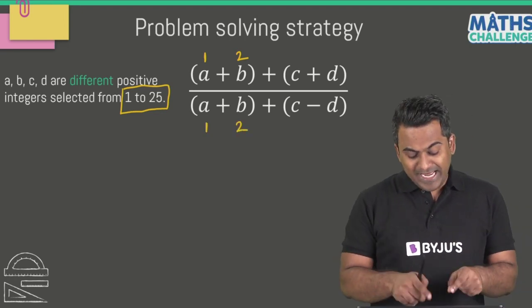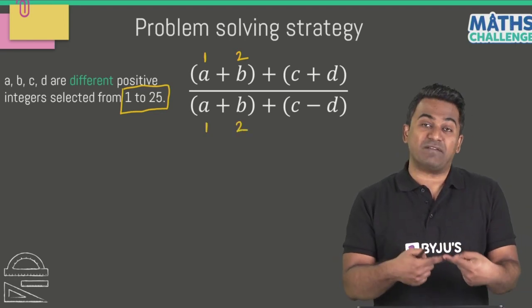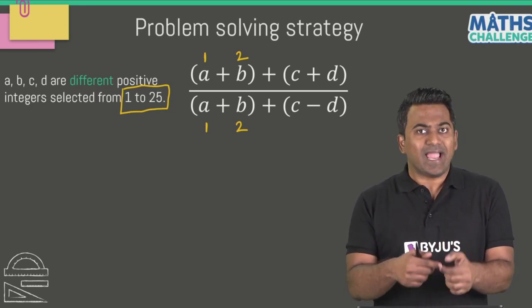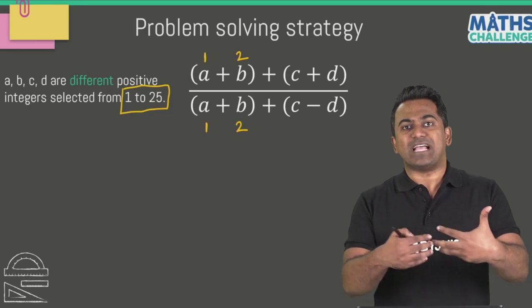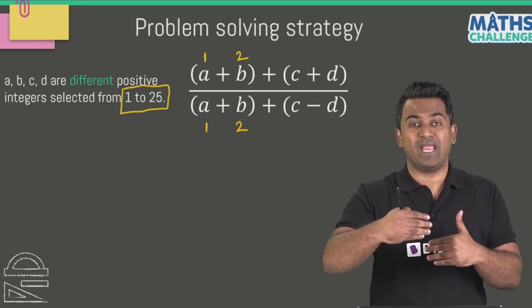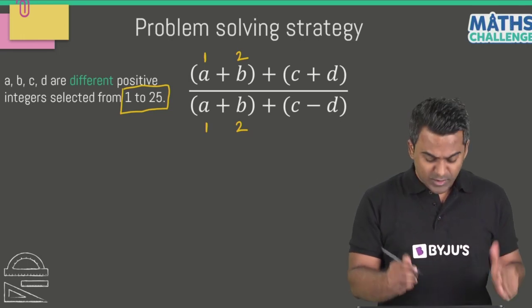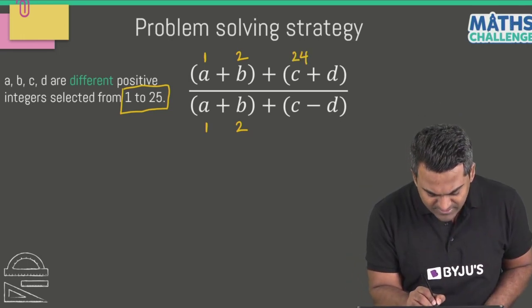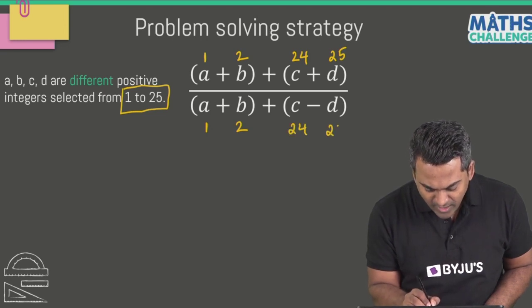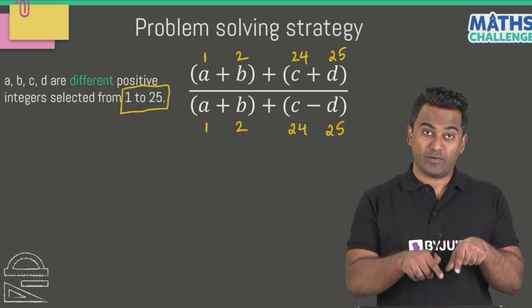And now, since in the numerator I have c plus d and in the denominator I have c minus d, I can take c and d to be as big as possible, right? Because the idea is to make the numerator as big as possible and the denominator as small as possible. So can I consider c as 24 and d as 25? Let's see what answer we get when we choose these numbers.